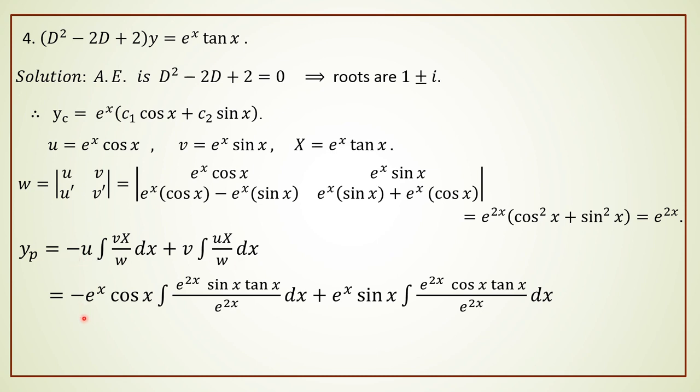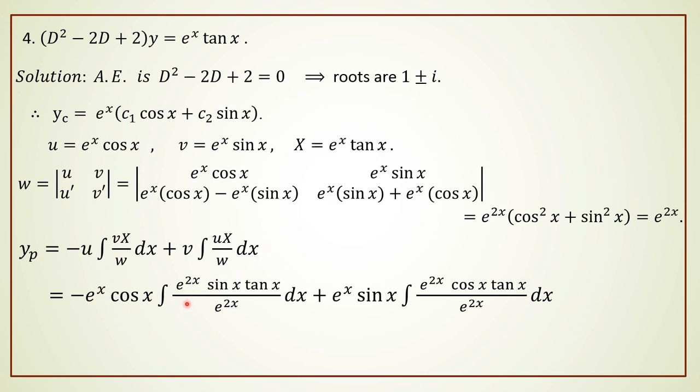minus u, that is nothing but minus e power x into cos x, integration of v into X, where v is e power x into sin x and capital X is e power x into tan x.